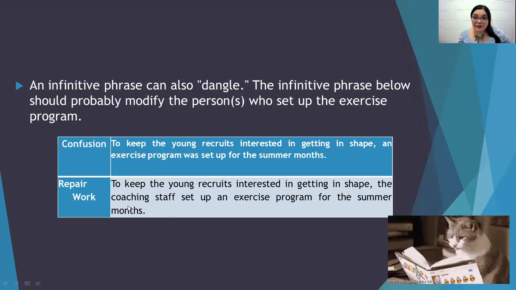The repaired version, or a better idea, can be "To keep the young recruits interested in getting in shape, the coaching staff set up an exercise program for the summer months." Now we are suggesting who the actor is, or who the doer of the action is. But in the previous example, an exercise program cannot do that. A person can.